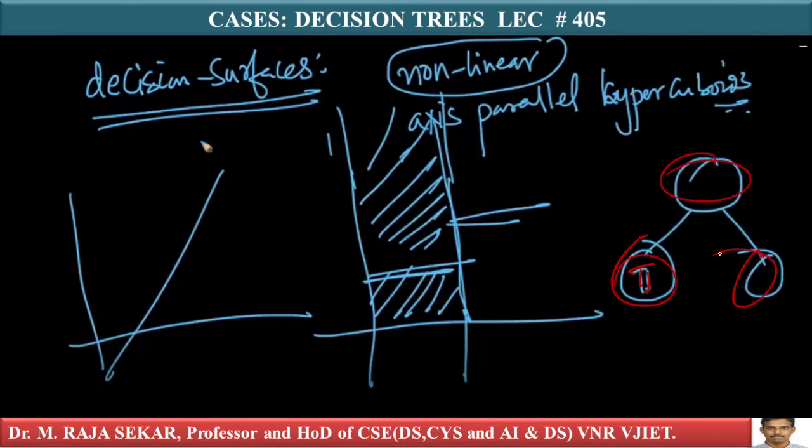Each of the nodes has a plane corresponding to it, and these planes are axis-parallel planes. So what you basically get is an axis-parallel tessellation of your space. That's what the decision surfaces of decision trees look like.